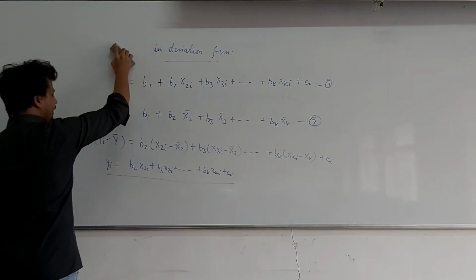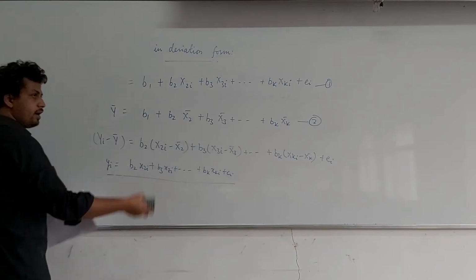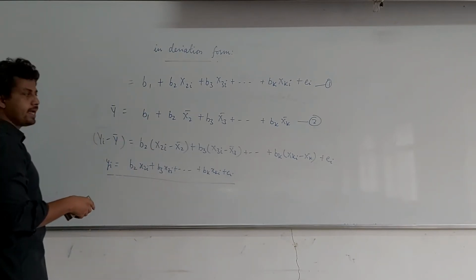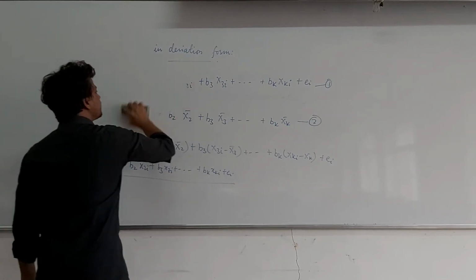Now how do I write this equation in deviation form for the entire observations of x and y? That's what we'll understand next.